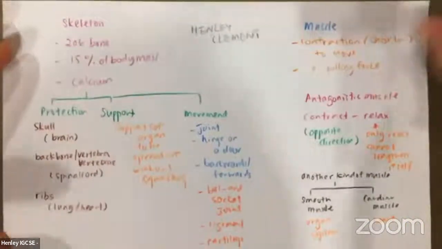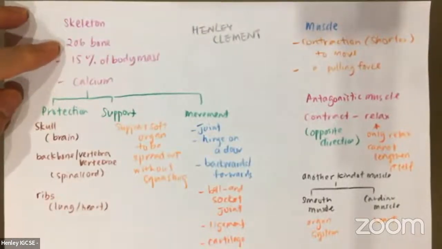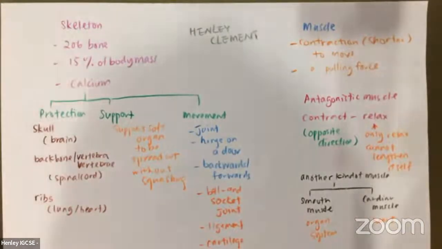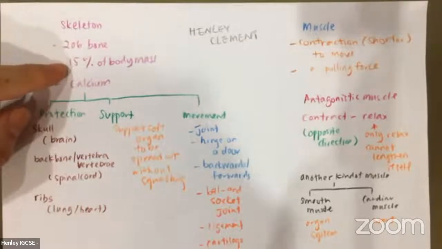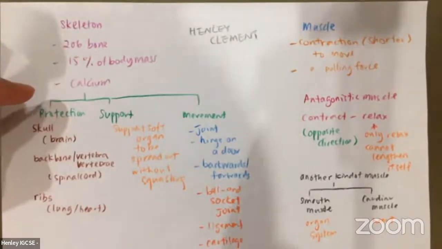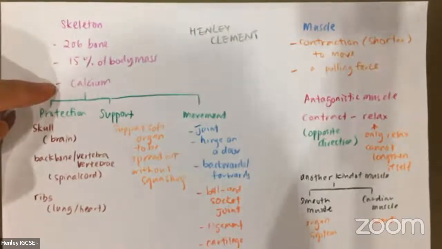Okay, the skeleton is around 206 bones. Small kids have more bones than adults, and the skeleton is about 15% of body mass. We need a lot of calcium to build our bones.